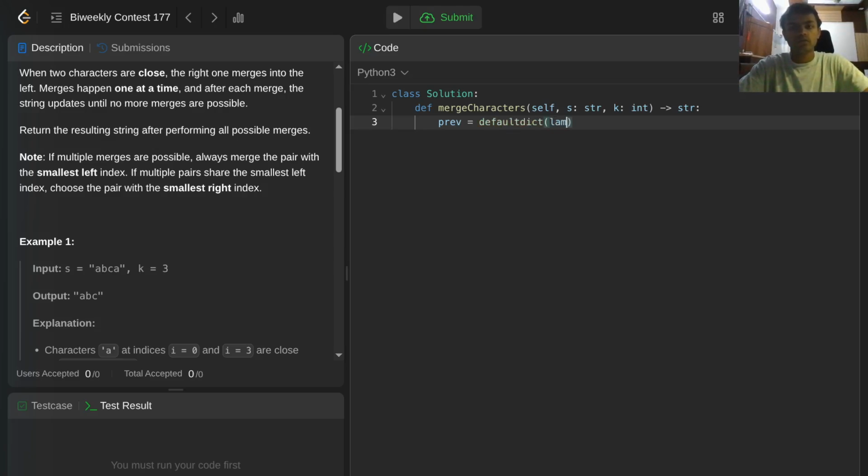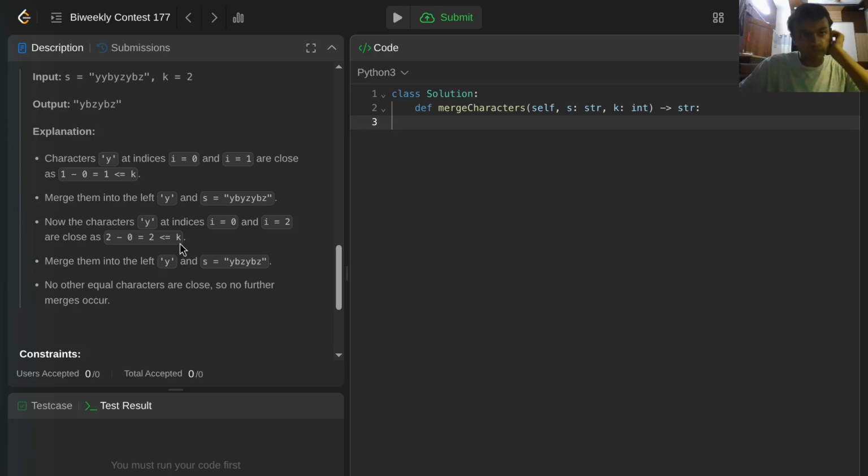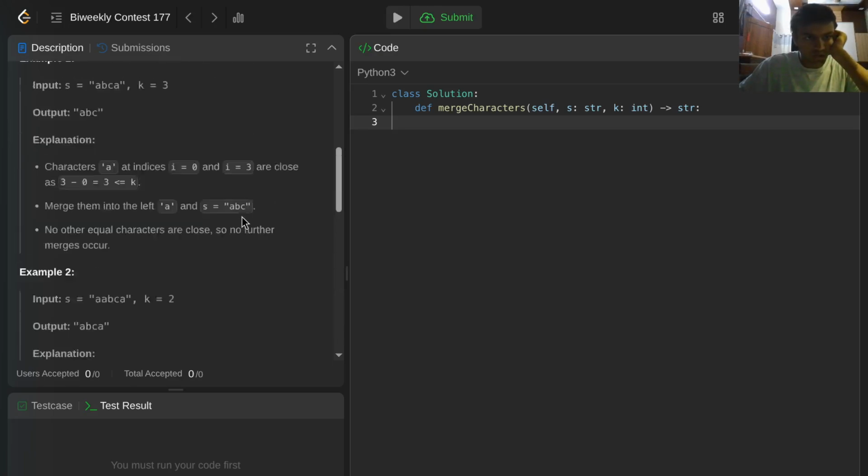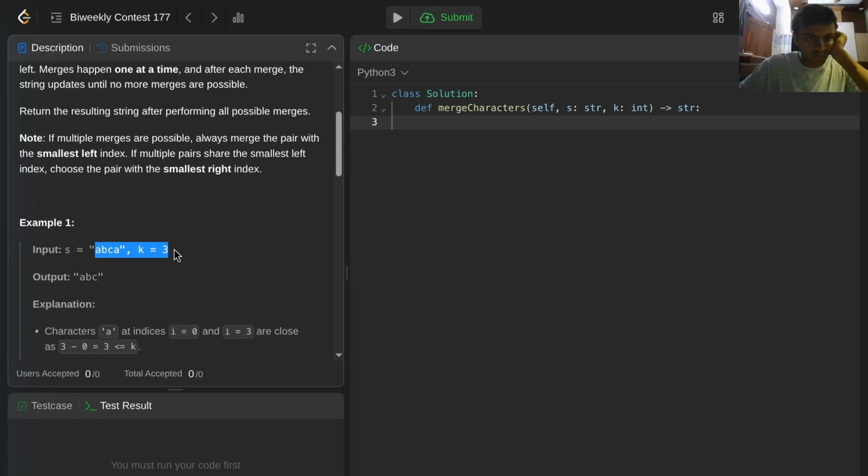defaultdict lambda. How do I do this? What is the value? Length 100, right? Okay.